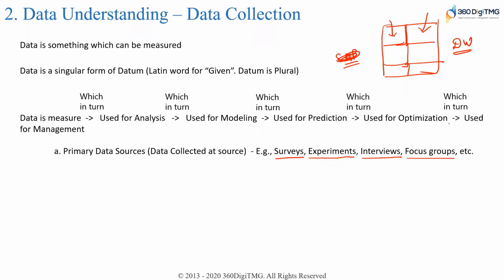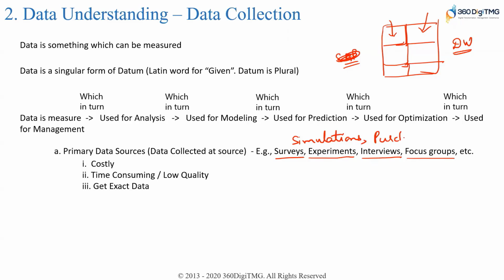Then you go to the finance department, focus on that group, and then collect all the requirements. So that's called a focus group basically. Anyways, and then simulations, or maybe you might want to do some purchase to get the data, right? Syndicated data sources. So this is costly.